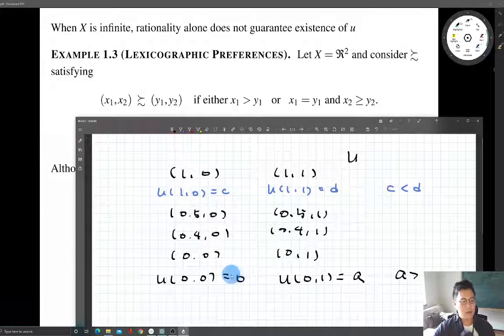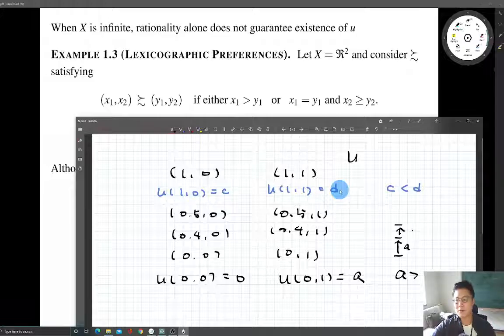In order to compare these two bundles, we need some positive number a. So we already piled up measure a. For the next pair, we may need another positive measure, right? And there are uncountably many bundles between these two. So stacking up those measures will inevitably surpass this number d.